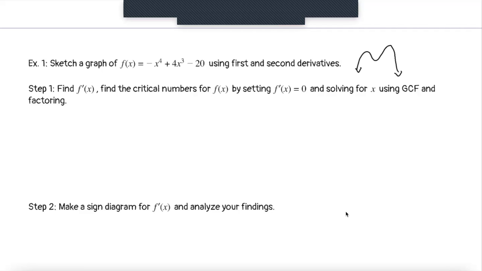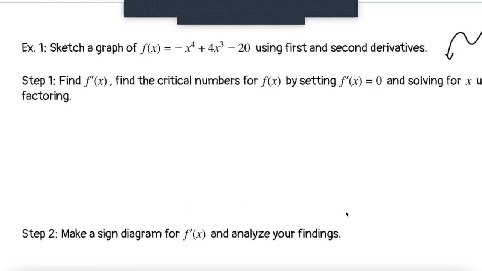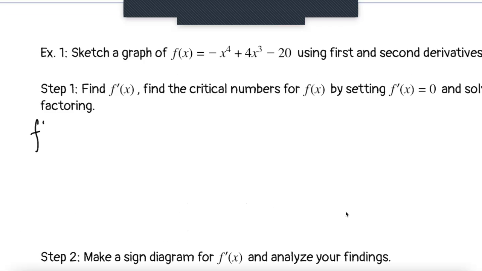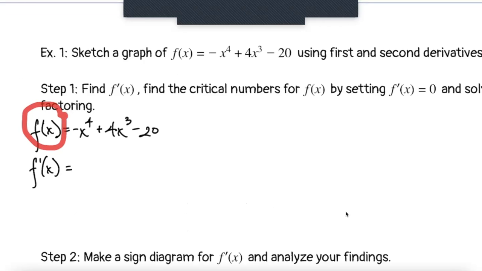Okay. And so if we take our f of x as negative x to the 4th plus 4x cubed minus 20, and we were to find our first derivative, we want to be really good about that notation. If we have f of x here, we want to write f prime of x down here.